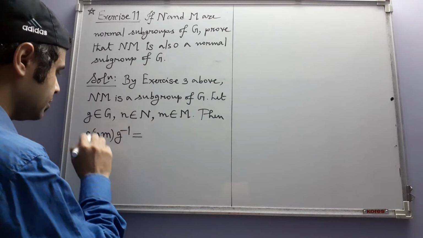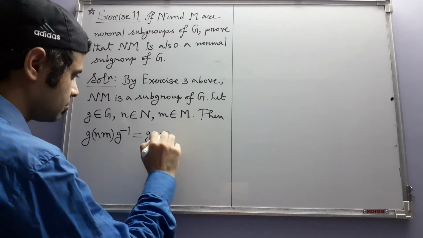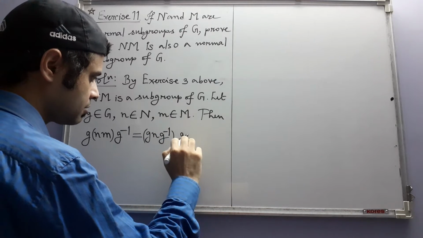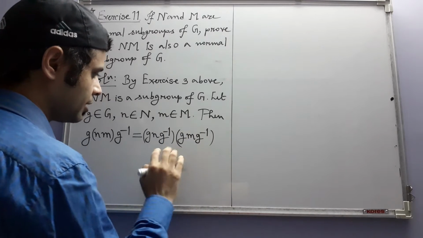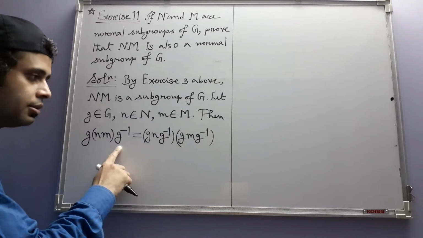Now note that this product can also be written like this: g n g inverse, g m g inverse. That's because this g inverse and g will cancel out, leaving us with this.